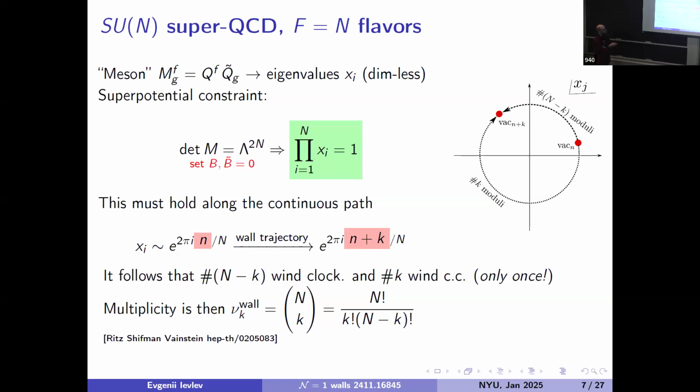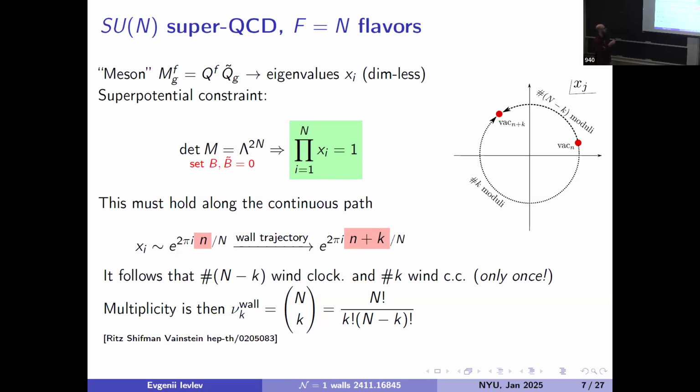If you pick just two of those vacua, and you consider domain walls interpolating between them, how do domain wall trajectories look? Now if you have more flavors, your meson matrix is again a product of two quark variables with contracted color indices, not shown, and the flavor indices appearing free, and it's a matrix.